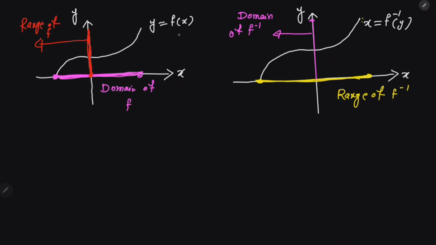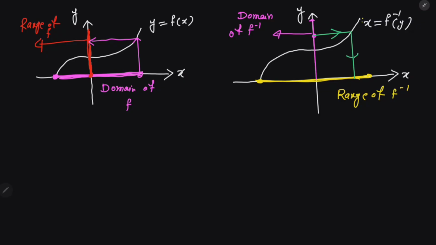When we had y is equal to f of x, you were moving from x to the curve and from the curve to the y-axis. In the inverse function, you move from the domain, which is the y-axis, to the curve, and then from the curve to the range, which is the x-axis.